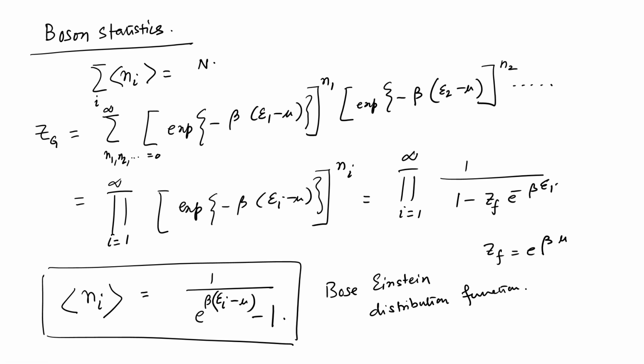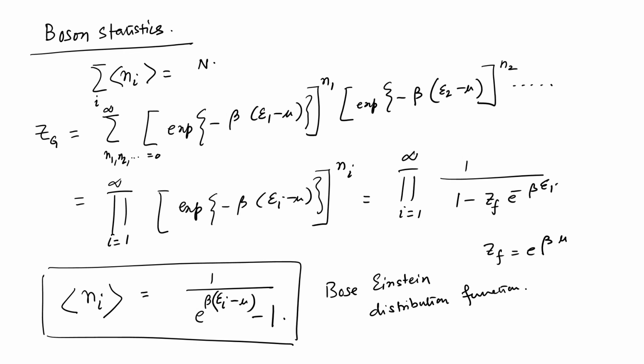When we are talking about other kinds of bosons that follow these statistics, they are identical, but any number of particles can occupy any given energy state, and this is called the Bose-Einstein distribution function, which is 1 by exponential beta epsilon minus mu minus 1.